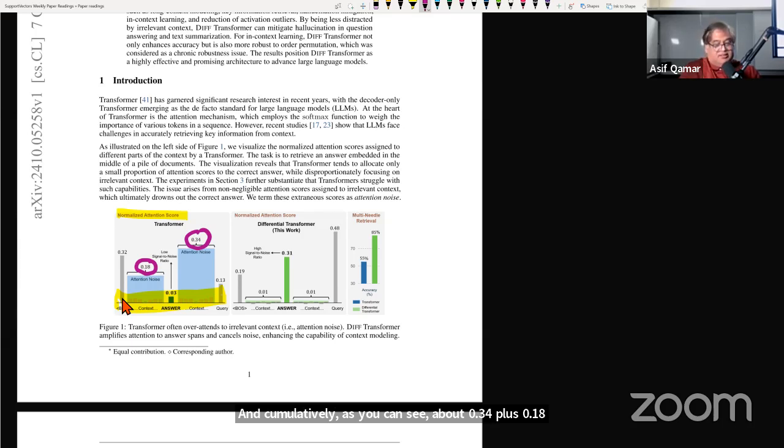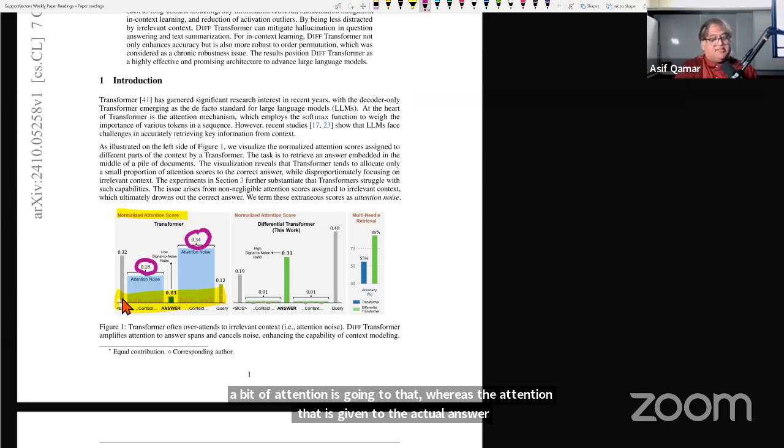Quite a bit of attention is going to that, whereas the attention given to the actual answer is very small. As this paper is going to argue, especially through results, if you use a slightly different mechanism, a way to boost the signal-to-noise ratio, it leads to dramatically better downstream task performance. The question is how?